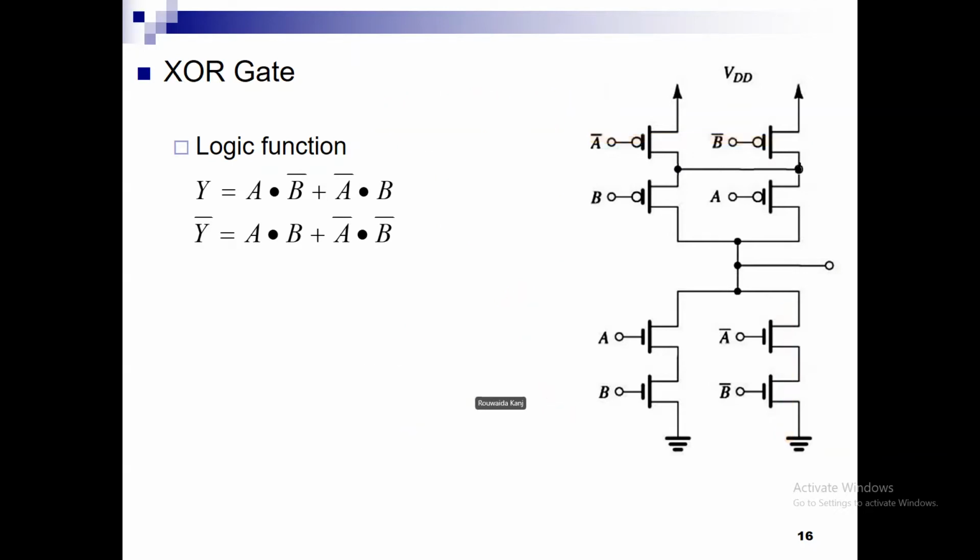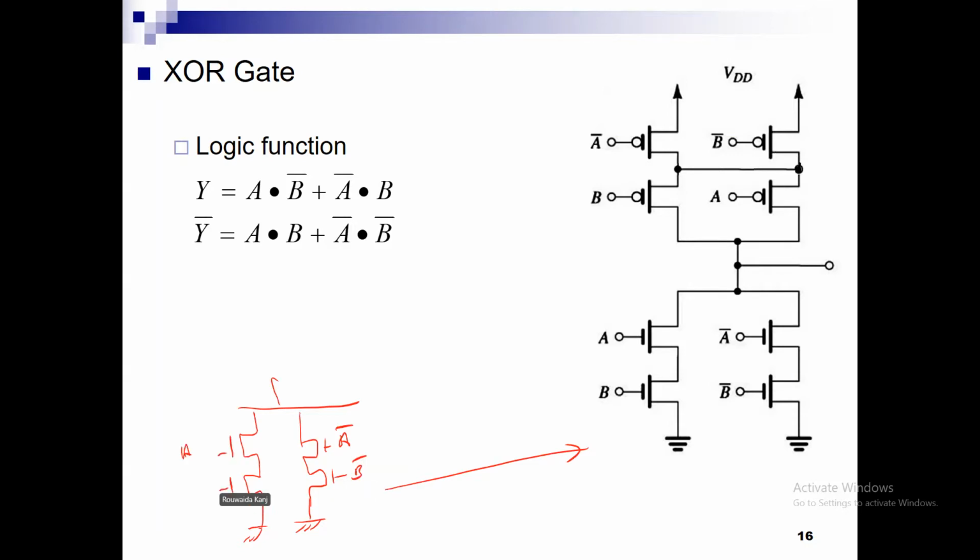Now if we want to draw the function as is, we draw the pull-down A B, A bar B bar. The same as this one, and then I can alternatively draw the pull-up network. Here I have A in series with B bar, or A bar in series with B, but I need to take the transistor as bubbled.